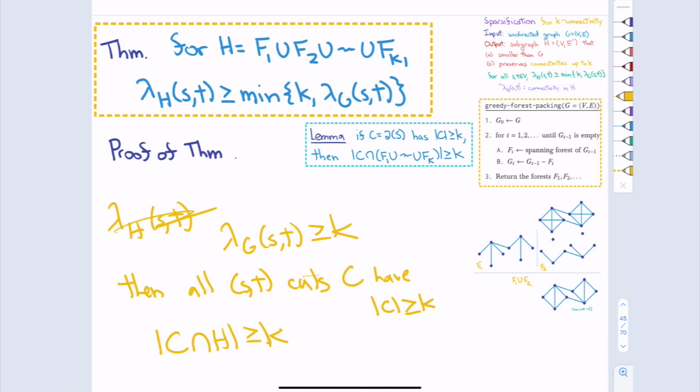So we'll preserve any cut of size at least K. Now, if the connectivity was less than K, if it was K minus 1, then it's going to have connectivity K minus 1 in the first K minus 1 forests, and the Kth forest only helps. That's where the min comes in. So we're preserving all the cuts with these forests up to a certain size.